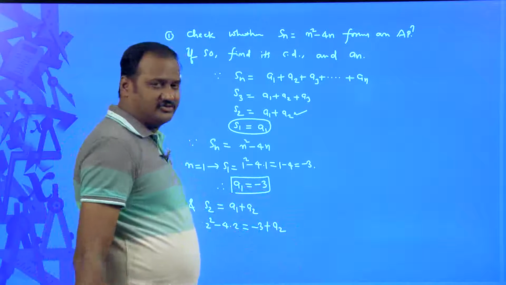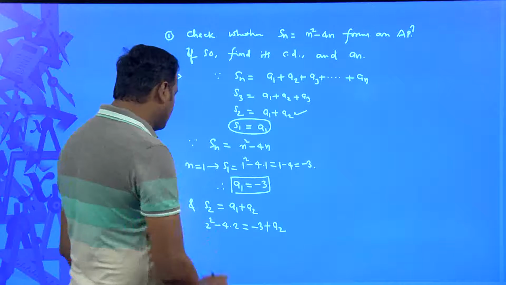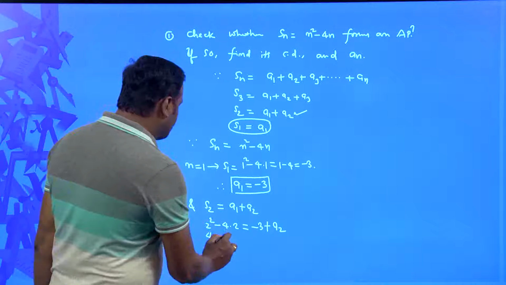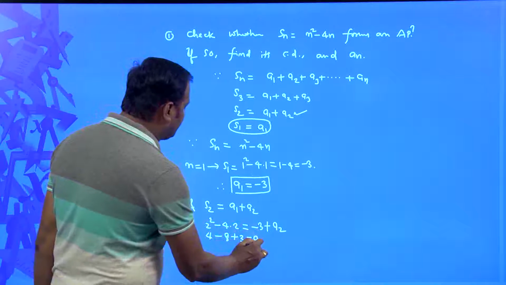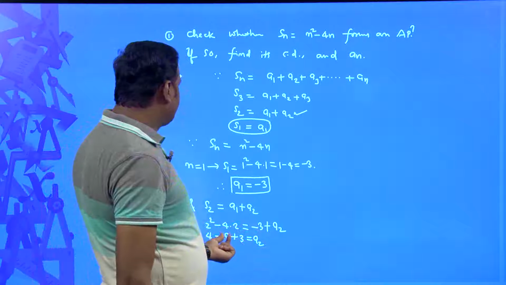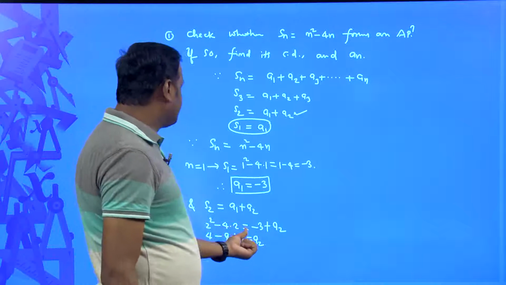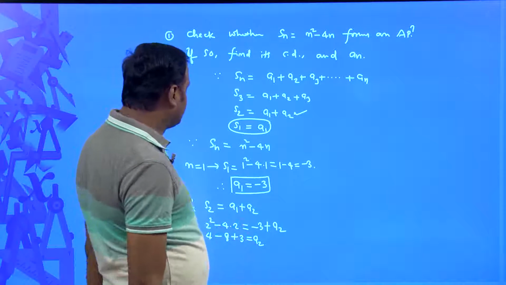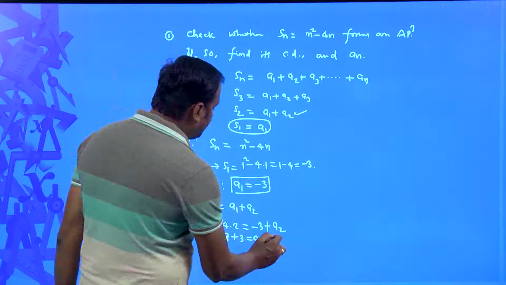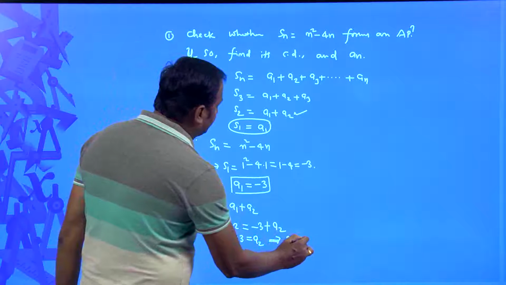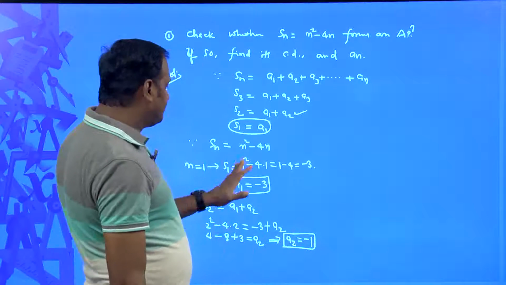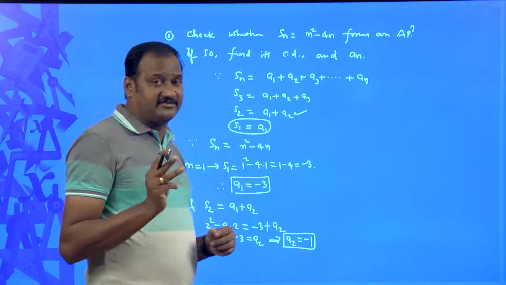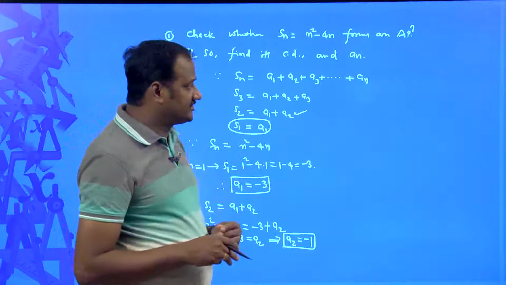So, A2 is A2 only. 2 square is equal to 4, minus 4 twos are 8, minus 3 would be plus 3, is equal to A2, correct. So, 4 plus 3 is equal to 7, 7 minus 8 is equal to minus 1. Therefore, I would say that the second term is equal to minus 1, correct. So, I got the first term and second term, but I need the third term also to check whether it forms an arithmetic progression or not.